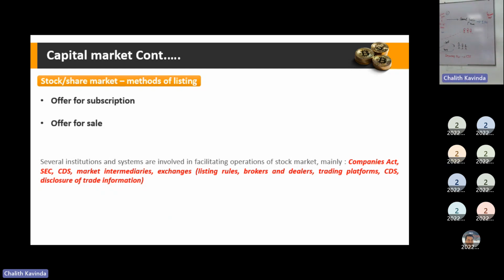If I'm not mistaken, if you click that, what is that? Investors, under transaction cost, you can see all these details. Right, so market intermediaries, exchanges, listing rules, brokerage and dealers, trading platforms, disclosure, trade information.